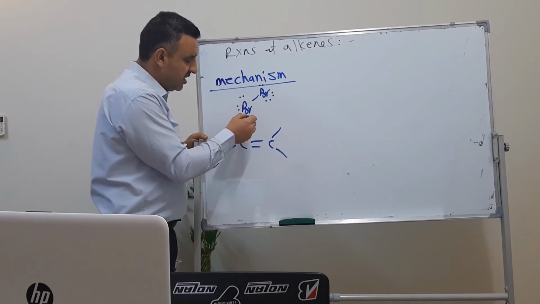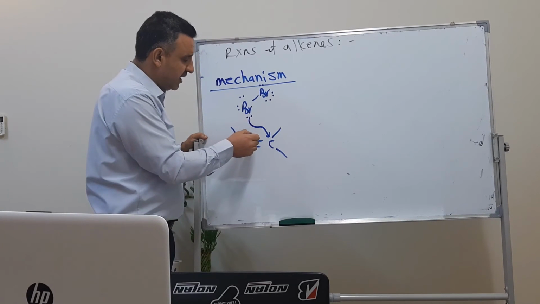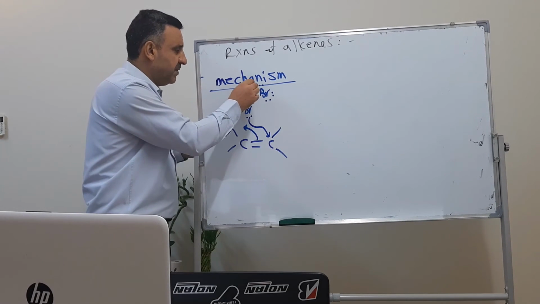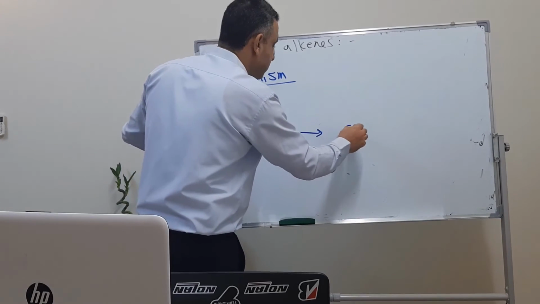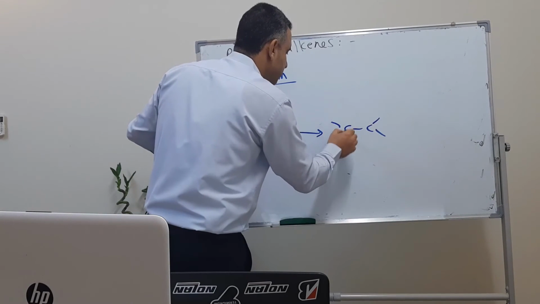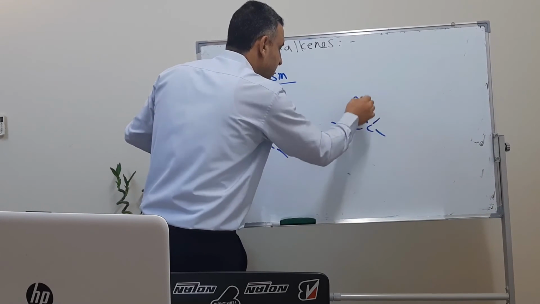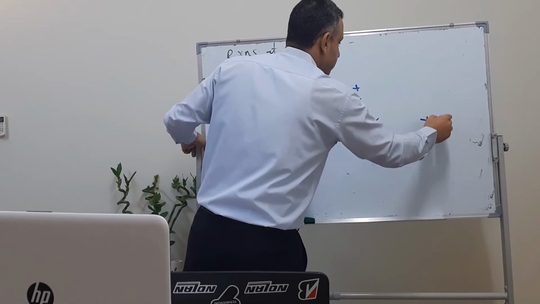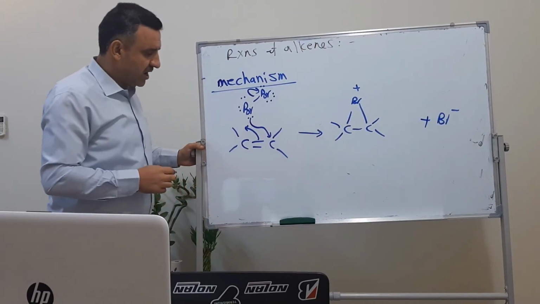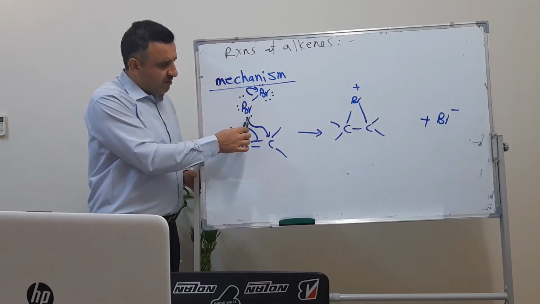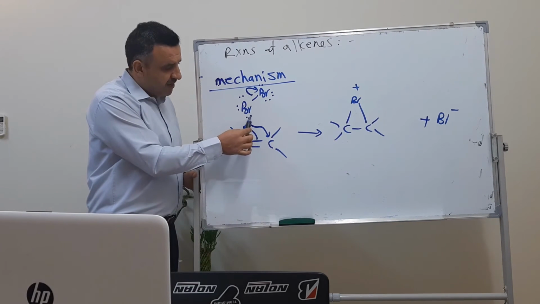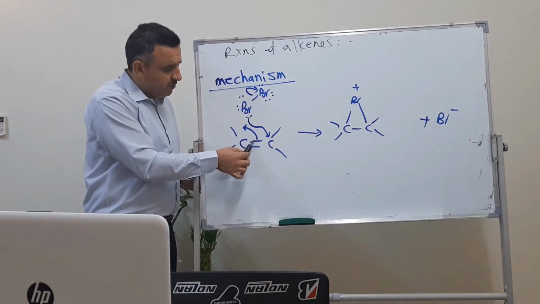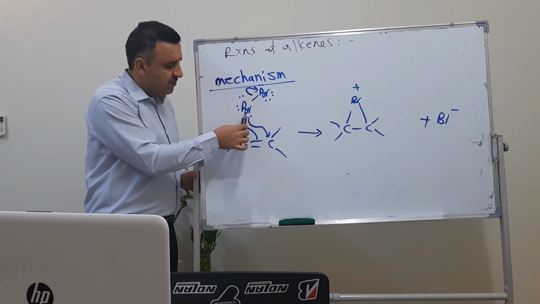We are going to get an intermediate where the lone pair on the bromine will be given to this carbon, and the double bond will be used to make a bond with the bromine, and this bromine will leave. So we get this bridging compound with the bromine as a bromonium ion, plus Br minus. One of the lone pairs of the bromine makes a bond with this carbon, and the pi bond makes another bond with this bromine.